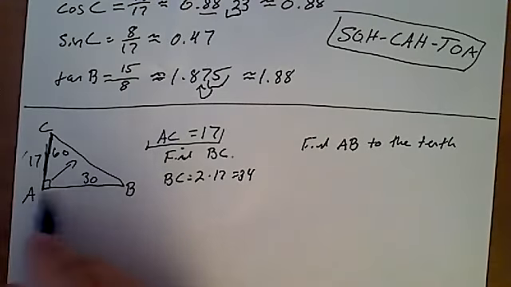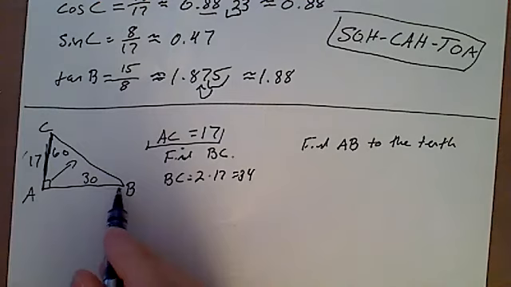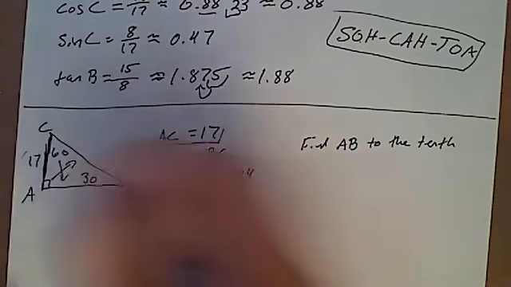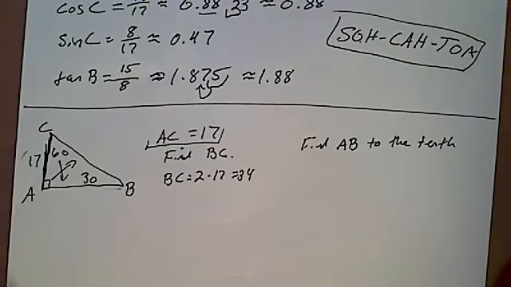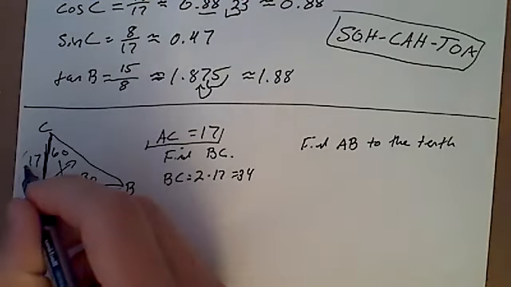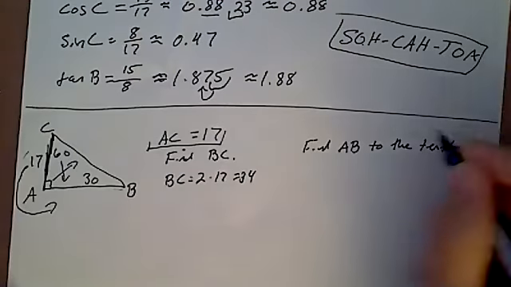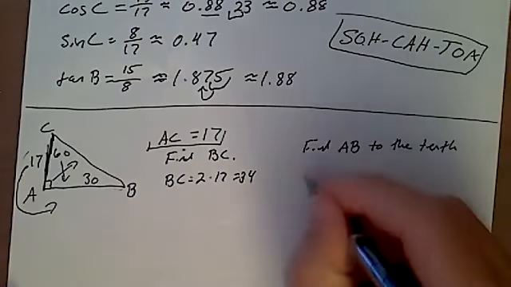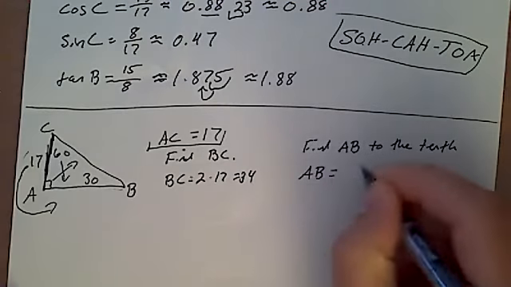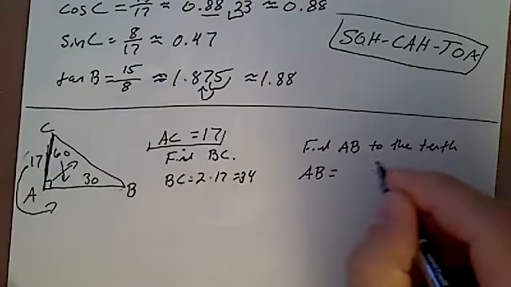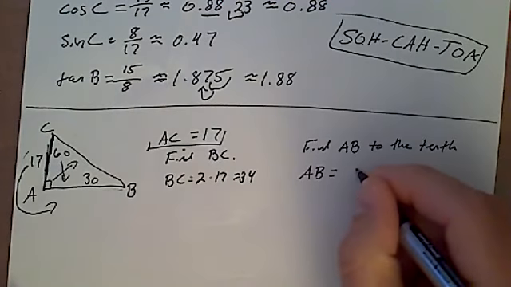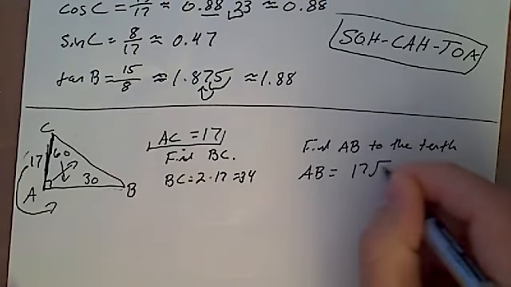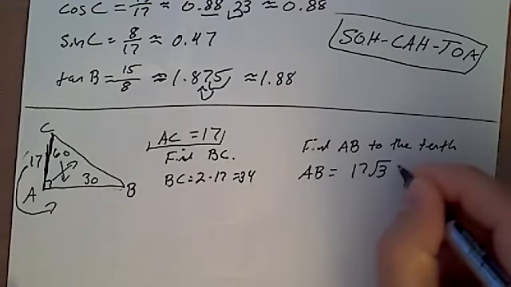AB is the long leg of our triangle, right? Because it's across from the 60-degree angle. To go from the short leg to the long leg, we multiply that short leg by the square root of 3. So we get 17 square root 3.